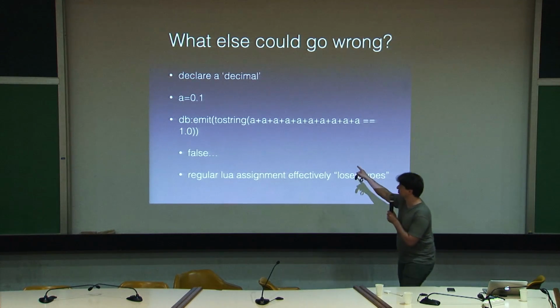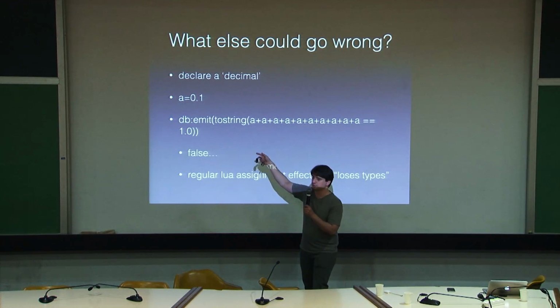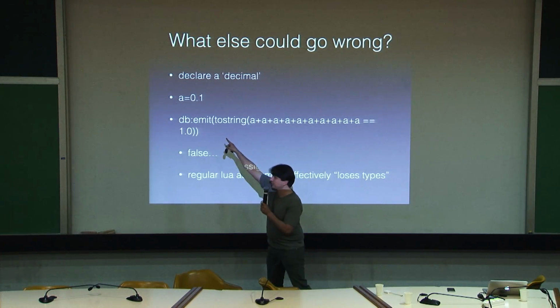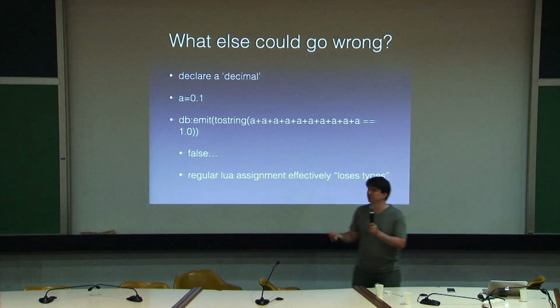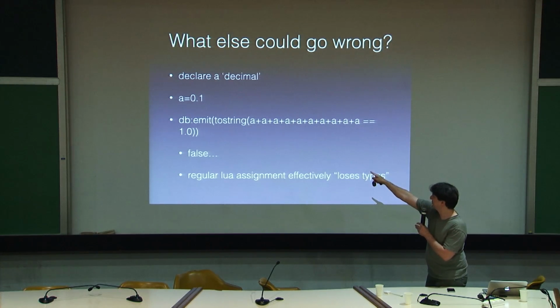I screwed up again, because what just happened there? This is how Lua works. Obviously, it's not doing anything wrong. This is me not understanding Lua clearly, but that's now a number. It's not a decimal anymore. That's what Lua does. So to the confused programmer, it's like you've lost your type in some sense, because you just made an assignment in Lua. That's a number. It's not a decimal anymore.